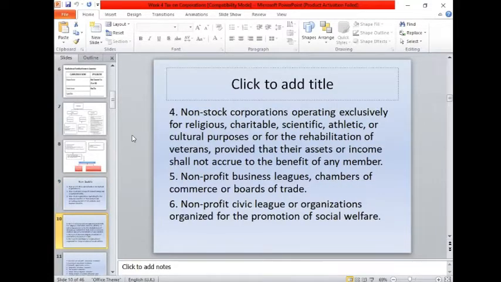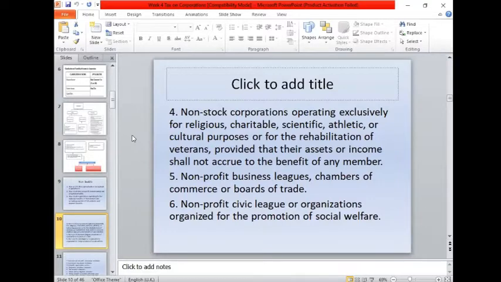And then the non-stock corporations operating exclusively for religious purposes, like the church, charitable institutions, or those doing humanitarian activities, and scientific purposes, also the DOST when it comes to technology advancement, because their proceeds are from the donations of private institutions and also the budget allocation of the government, and also for athletic and cultural purposes.